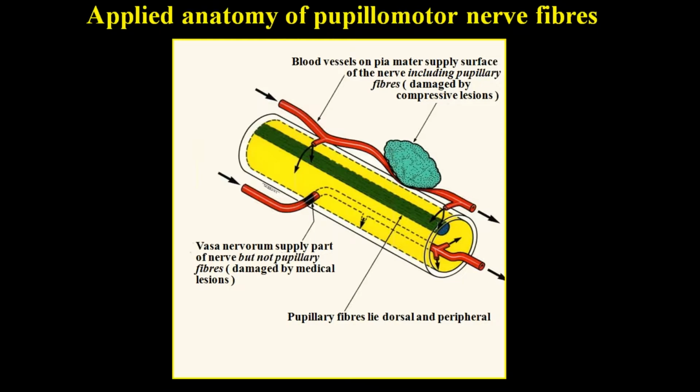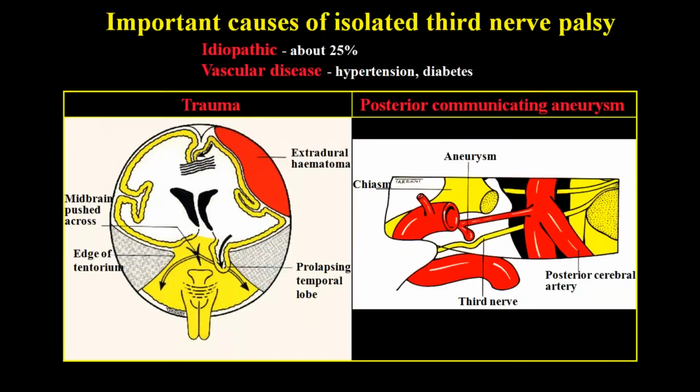This is the location of the pupillary fibers, which lie dorsally and peripherally along the oculomotor nerve. Suppose these are the vasa vasorum present along the oculomotor nerve. Usually if there is an aneurysm or a tumor pressing on the dorsal fibers of the oculomotor nerve, the patient has involvement of the pupil.